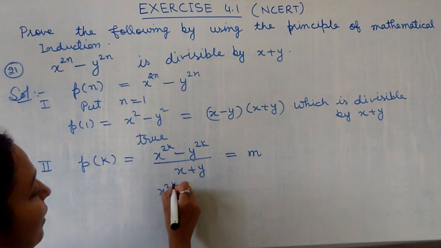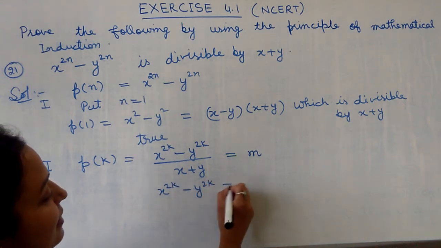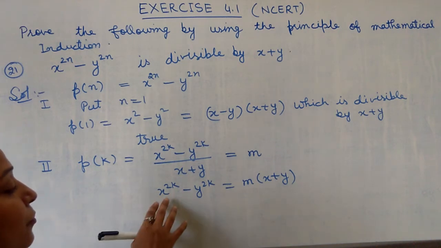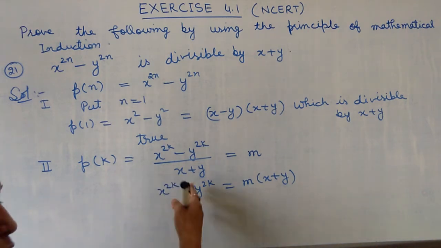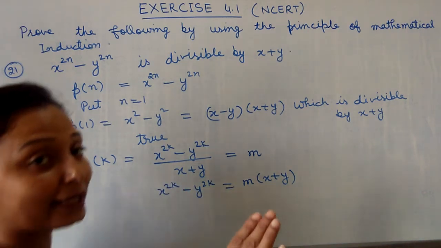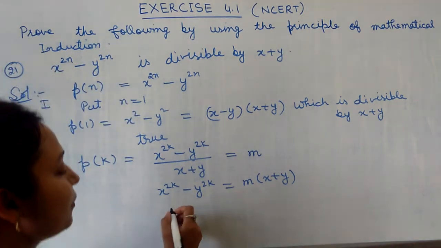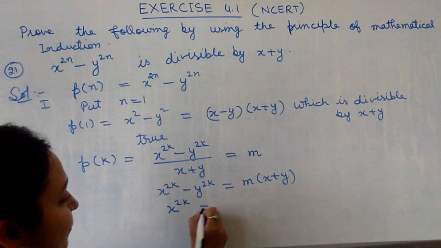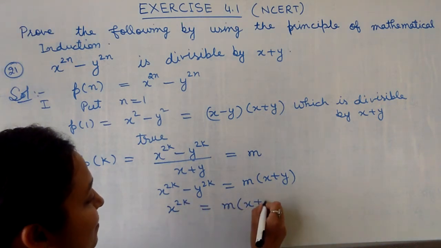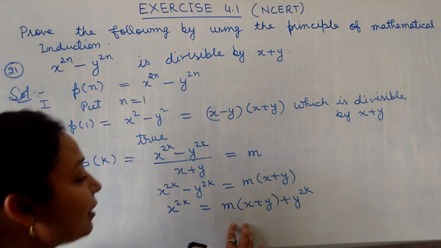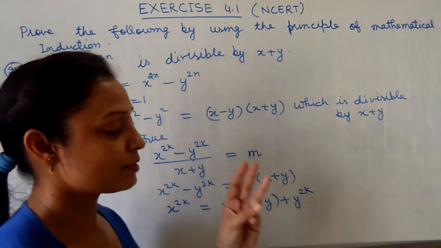So x raised to power 2k minus y raised to power 2k equals m times (x plus y). Now I want to find the value of either x raised to power 2k or y raised to power 2k. It is totally your choice. I will take the value of x raised to power 2k, which equals m(x plus y) plus y raised to power 2k. I will use this value for proving the third step.